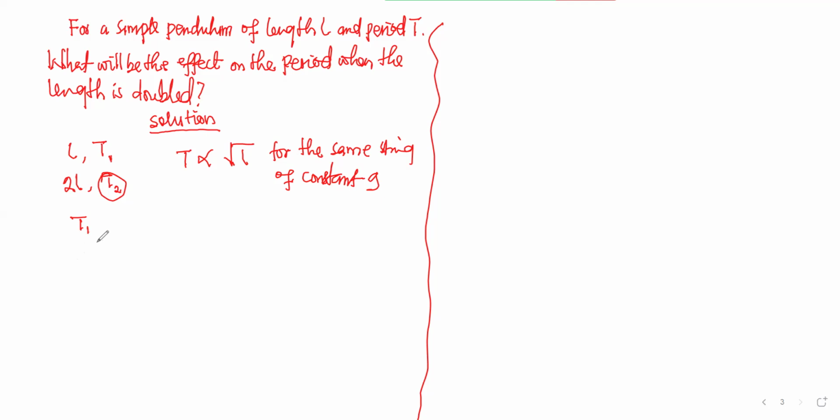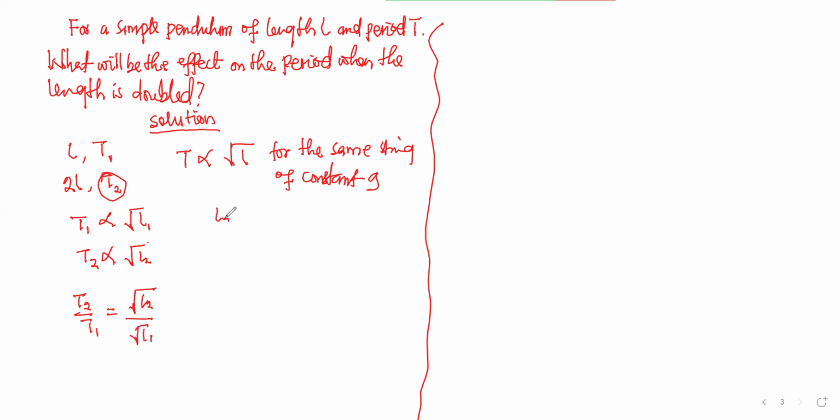Exactly. So T1 must be directly proportional to root of L1. Then T2 must also be directly proportional to root of L2. But L2 is twice of L1. So when you take T2 over T1, this must be equal to root of L2 over root of L1.